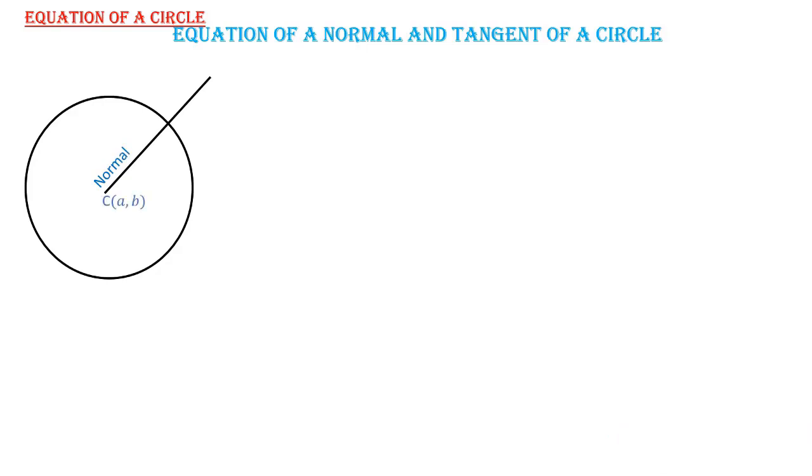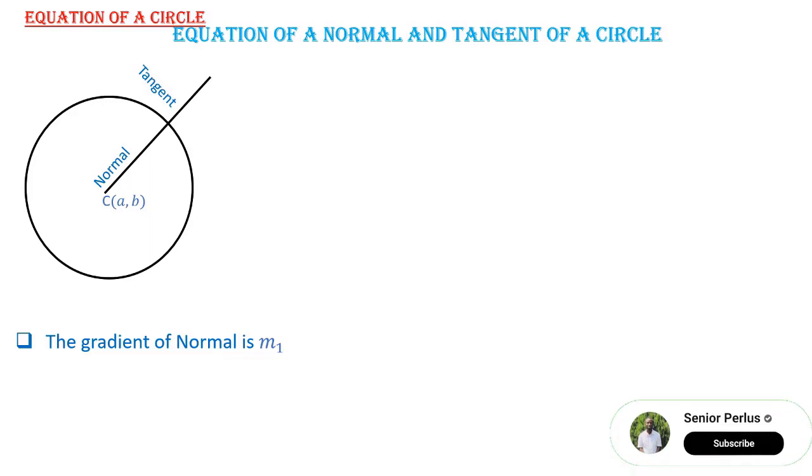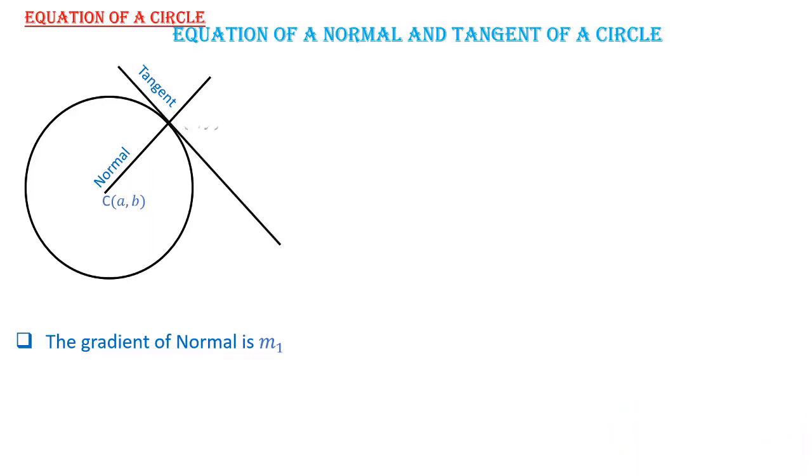That's our center. So the gradient of a normal is m1. Then our tangent, the line that touches the circle. So this is our tangent. Okay. And that's our point P.